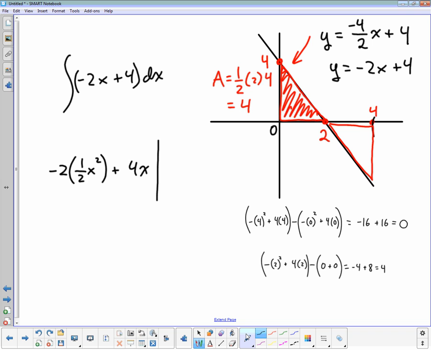Values on the left of the y-axis are still positive if they're above the axis.